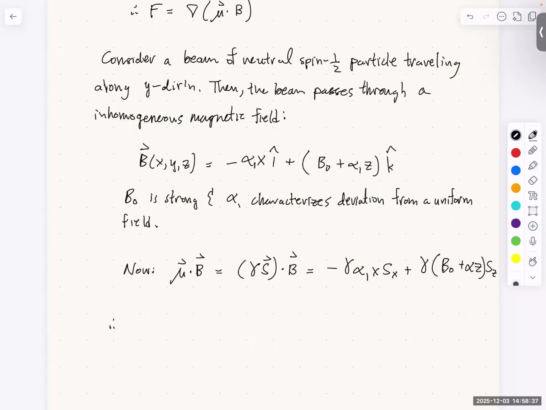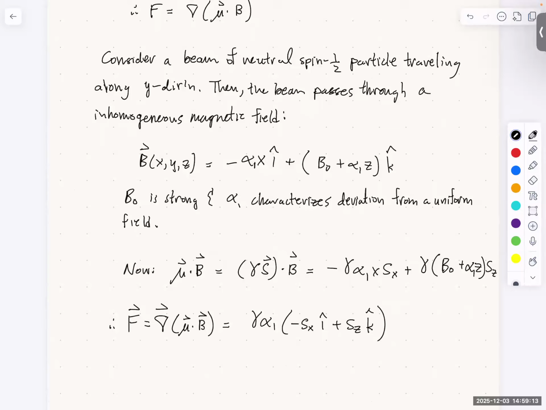So therefore, F is the gradient of mu dot B. We get gamma alpha 1 from both. We'll get a minus Sx in the x direction, and we'll get a plus Sz in the z direction.